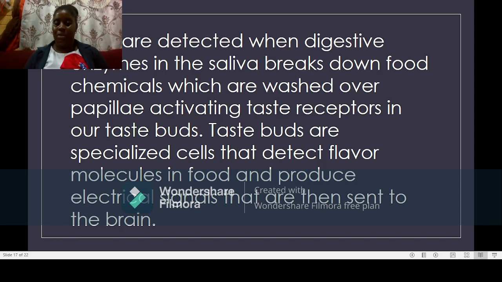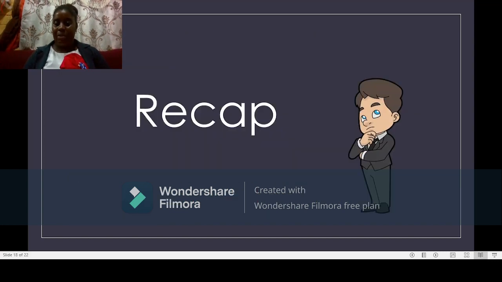Now, wrapping up our lesson for today, we must recap what we would have learned. So we would have learned what the tongue is, and we said that the tongue is the fleshy muscular sense organ located in our mouth.